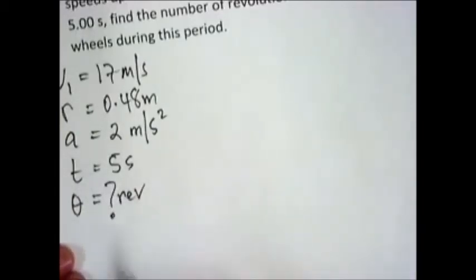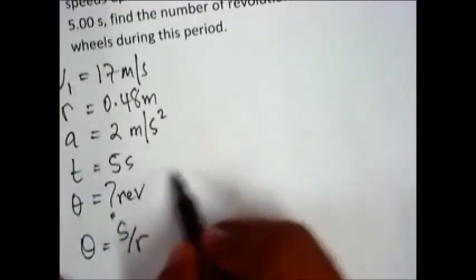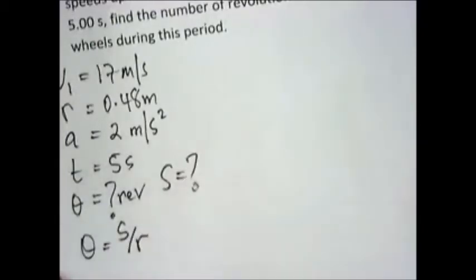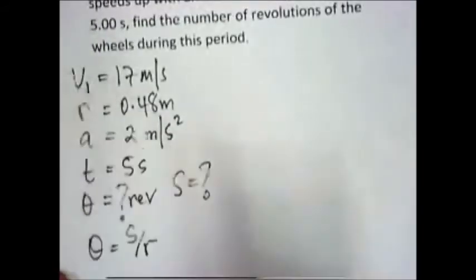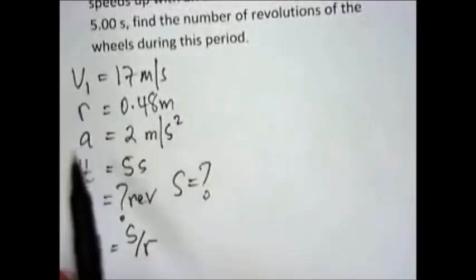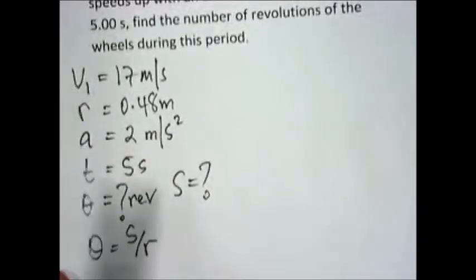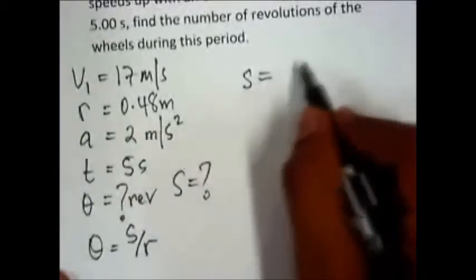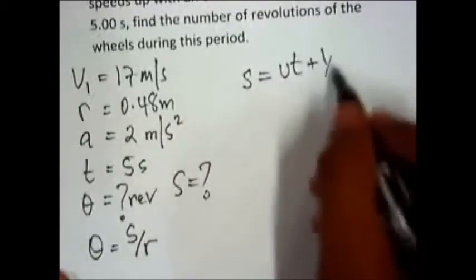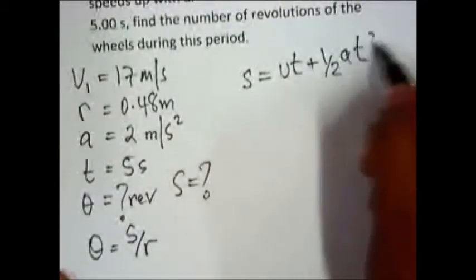Now you know that theta is equal to linear displacement divided by r. So if we find s, our linear displacement, we can find our theta. Looking at these 4 values that are given, vi, acceleration, time and displacement, we can use the formula displacement is equal to u t plus half a t squared.